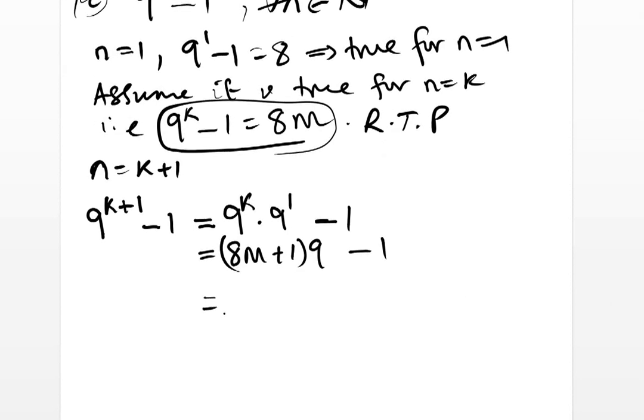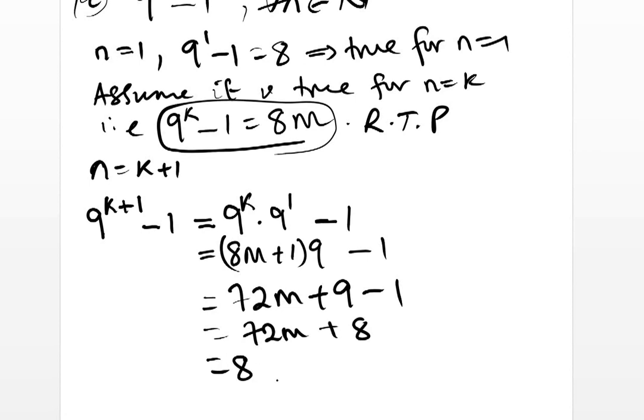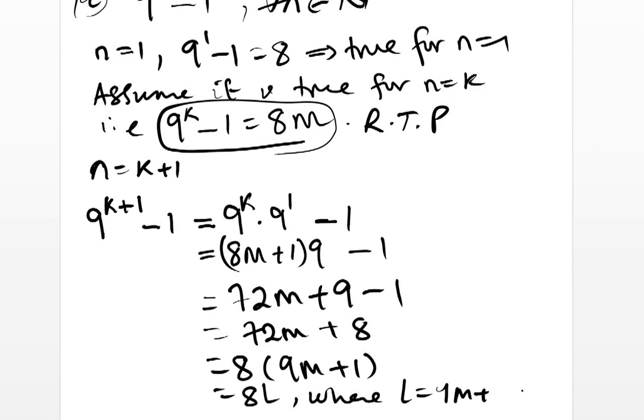When we multiply to open up the bracket, what do we get? We have 72m plus 9 minus 1, which is 72m plus 8. And when we factor out 8 here, we have 9m plus 1, which is 8l, where l is 9m plus 1, and all of that belongs to Z. Is that okay?